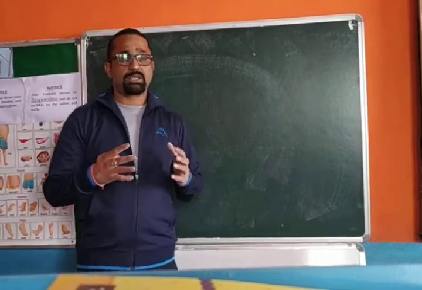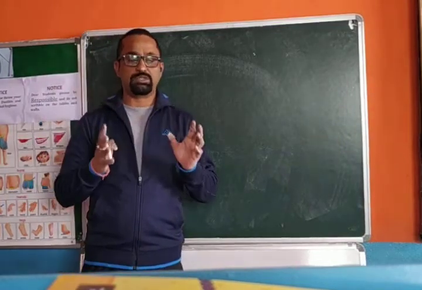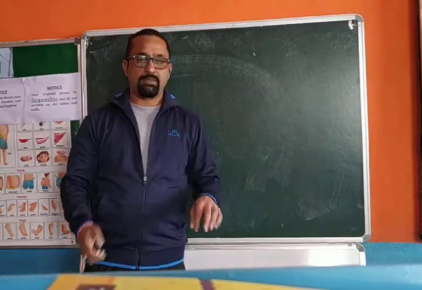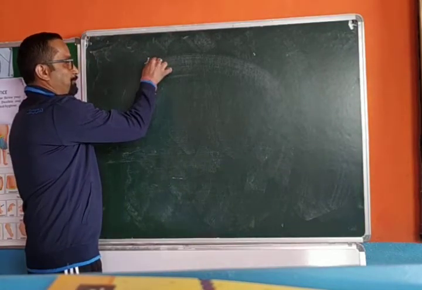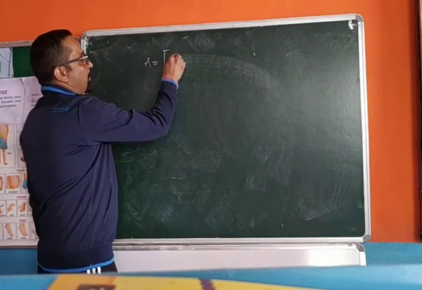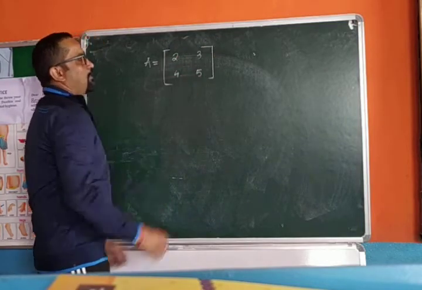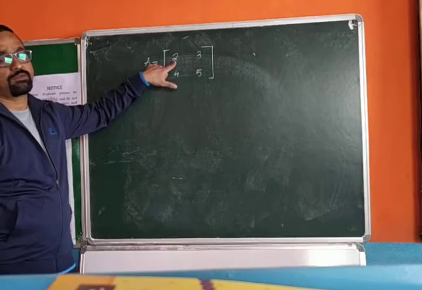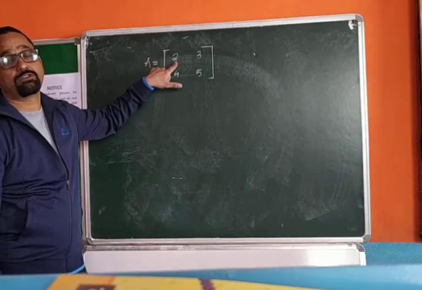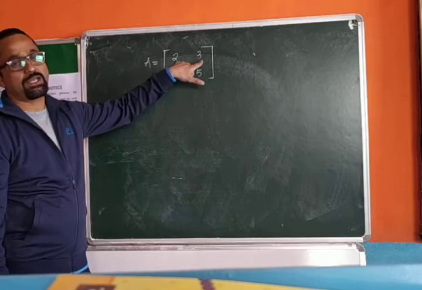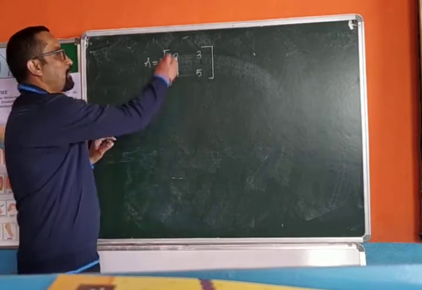Let's consider some examples to understand how we represent a given matrix. Suppose I write 2, 3, 4, 5. This first one is the first element of the given matrix, second element, third element, fourth element.